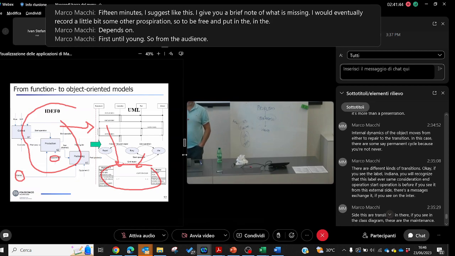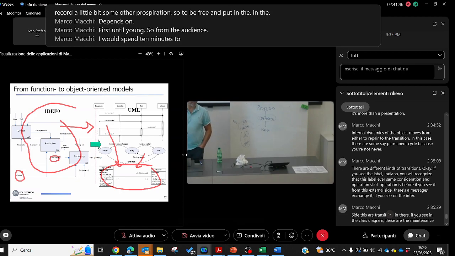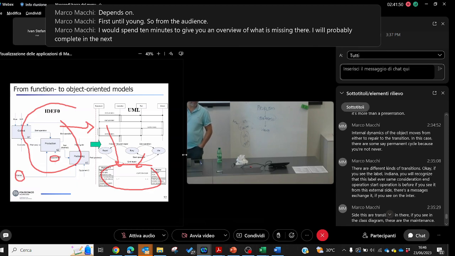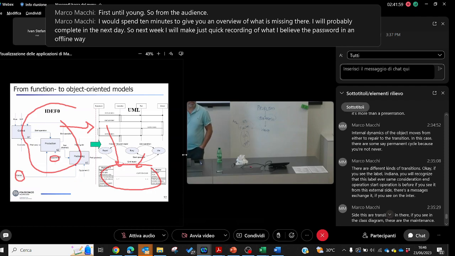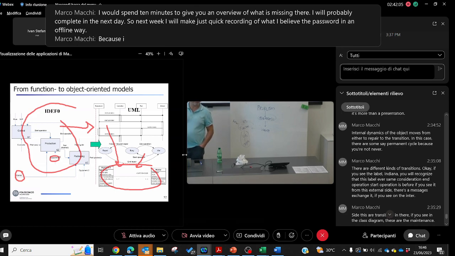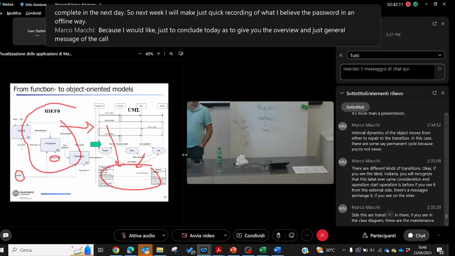I would spend 10 minutes to give you an overview of what is missing. I will probably complete it in the next days. Next week, I will make a quick recording of what I believe to transfer in an offline way. I think I would integrate 20 minutes more today, because I would like to conclude today with the overview and the general message of the calls for success.